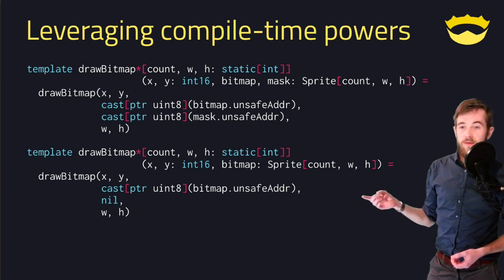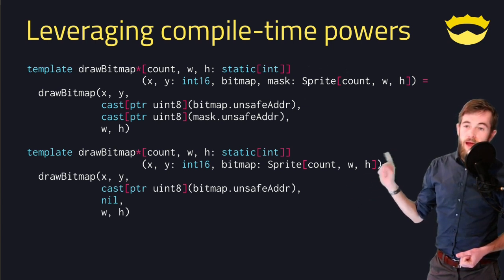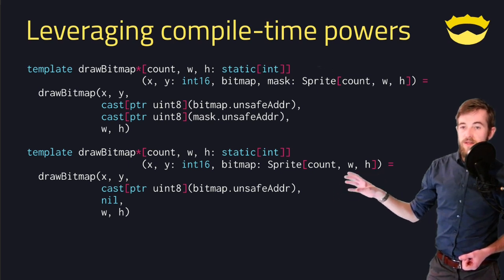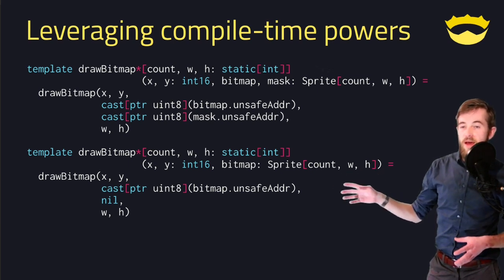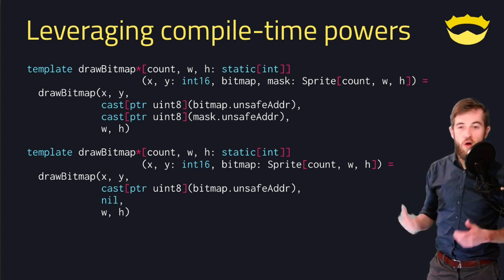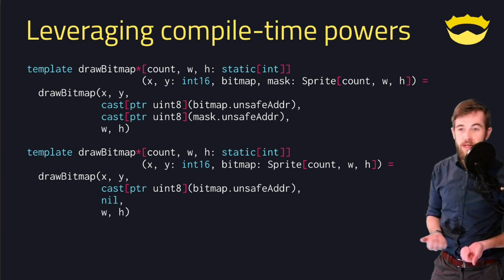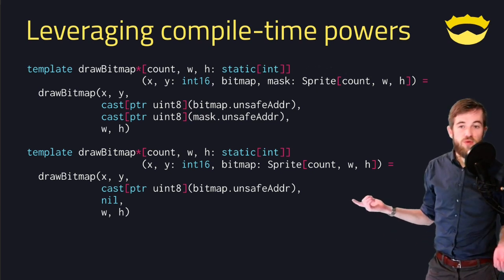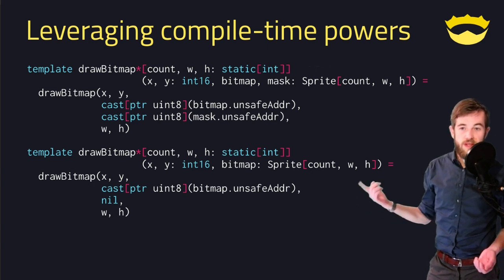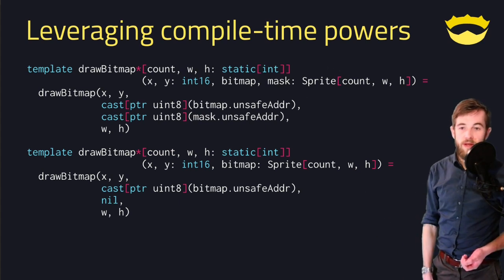And if I were doing this in C++, I would have to keep track in my head of the width and height of all my sprites, or I would have to look it up every time I wanted to draw a new sprite. In Nim, I don't even have to know the width and height of my sprites, because Nim reads it in for me, and it uses those values when I need to draw them.